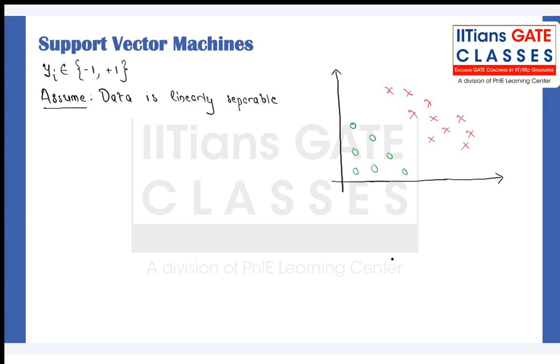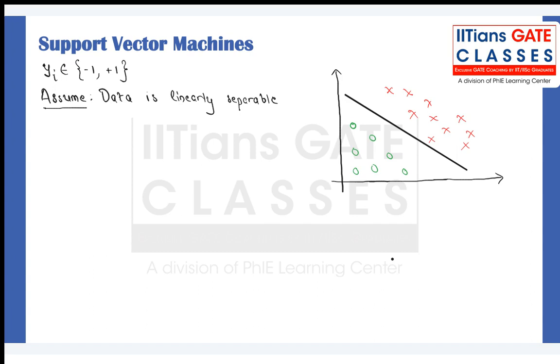Let's say your perceptron model finds a hyperplane like this. Let's say this is the hyperplane that your perceptron found. It separates out the negative classes and the positive classes perfectly, the green class and the red class in this example.